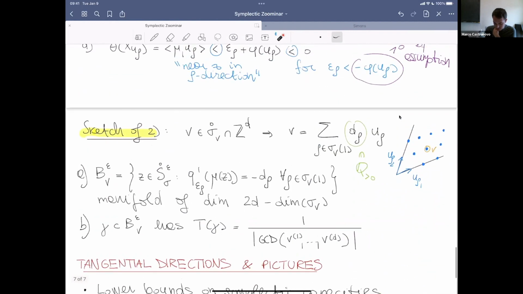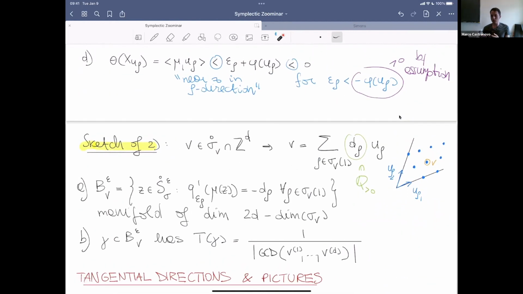And I'll just conclude by saying, how do you produce families of periodic orbits? Well, if you now have a lattice point in a cone, let's say in the interior of a two-dimensional cone in this picture, you can write it as a sum with rational coefficients of the primitive generators of its rays. And you can produce families of periodic orbits by imposing that the derivatives of these Banach functions match minus these coefficients here.